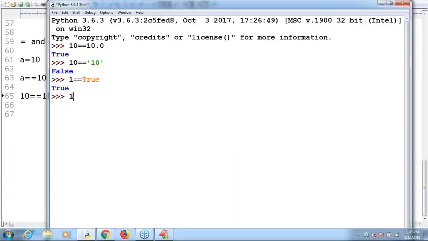If I take 10 double equal to 10.1, can you spell out what the answer is? False. Because Python is going to consider 10 and 10.0 both as equal, true, but 10.1 is not equal.